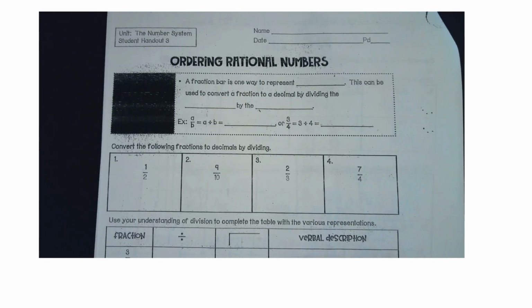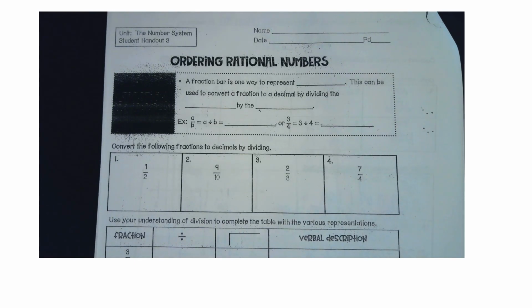Now remember rational numbers from yesterday. So whole numbers, what's an example of a whole number? 1. Whole numbers are 0 and positives. Okay? Integers. What's an integer? Negative number, 0, or positive.